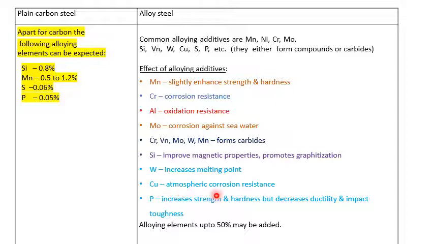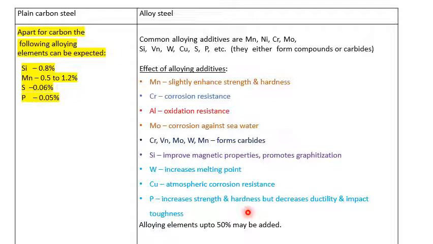And copper gives atmospheric corrosion resistance. Already we know these are non-ferrous materials which are non-corrosion in nature. Phosphorus will increase the strength and hardness, but decreases the ductility. Already we have seen this in module number 1, where we need to compromise the ductility against the hardness and the strength.